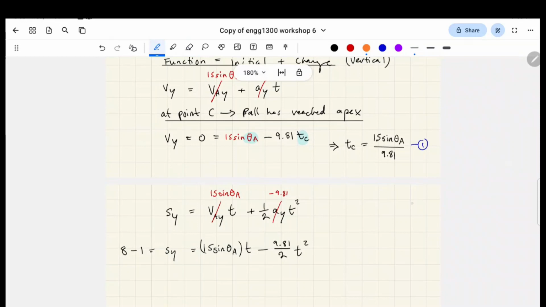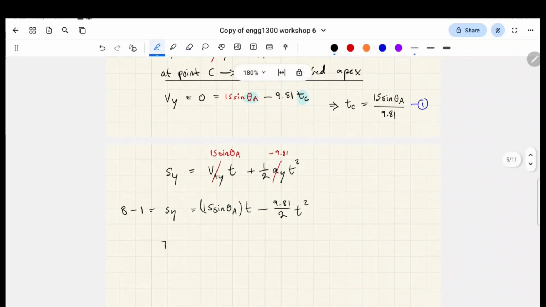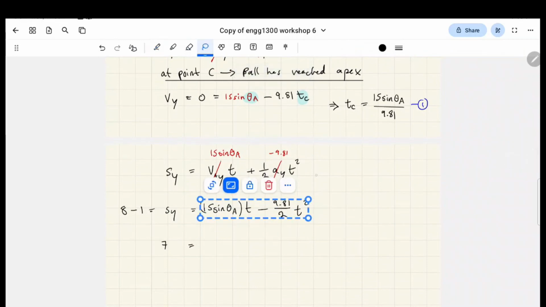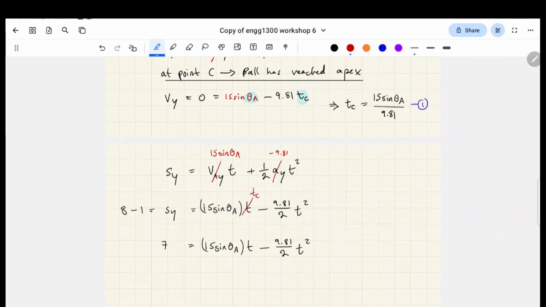Because the height of the house is 8, and then the person was 1, and the projectile goes like that. So 7 is equal to all this stuff, right? But what we're going to do is replace t with TC, which was equation 1, right?